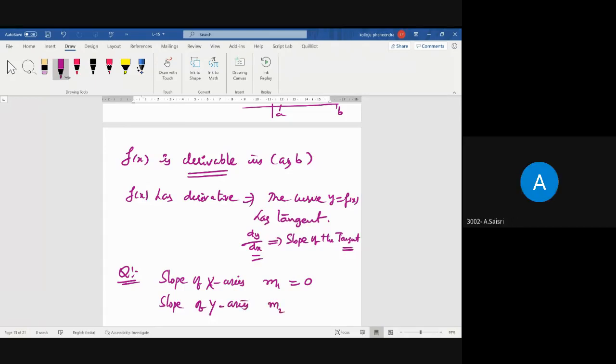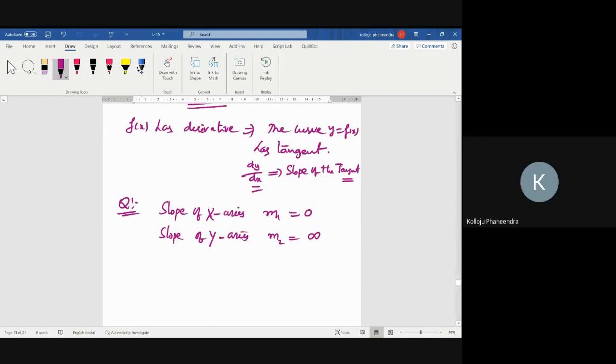The x and y axes are perpendicular to each other, even though the product of the slopes is not equal to -1.